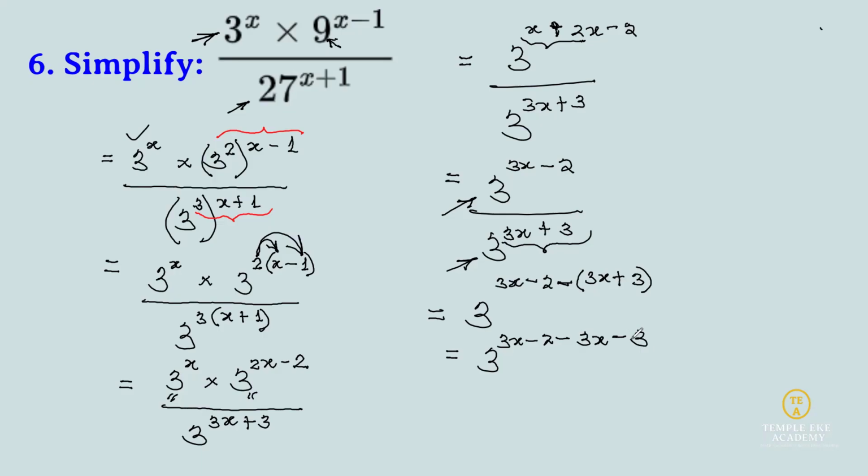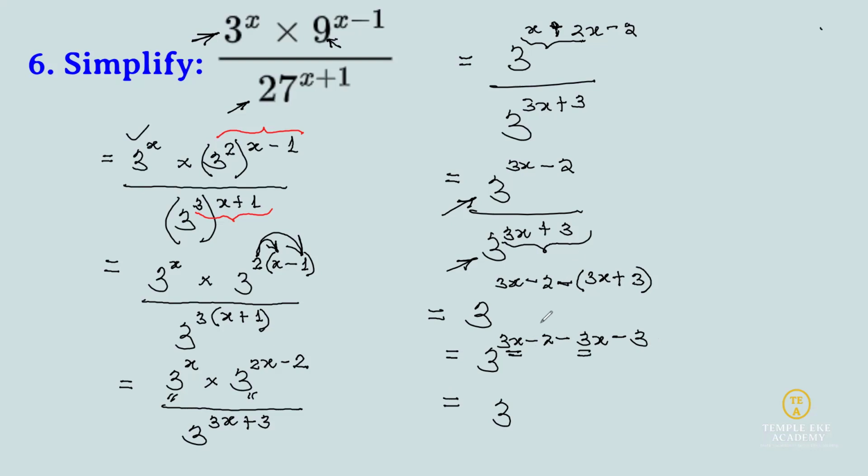And now we can allow like terms to interact. This is going to give us 3 raised to the power 3x minus 3x leaves us with a 0 term in x. And of course, we don't need to write that. 3x minus 3x, 0 term in x, 0x. So we leave that and now go in for minus 2, minus 3.